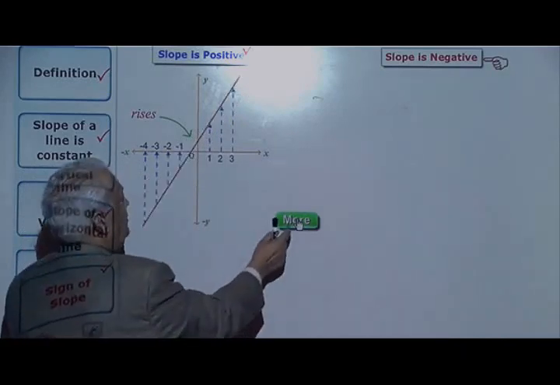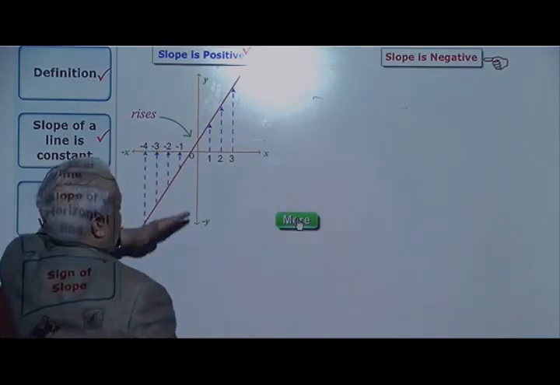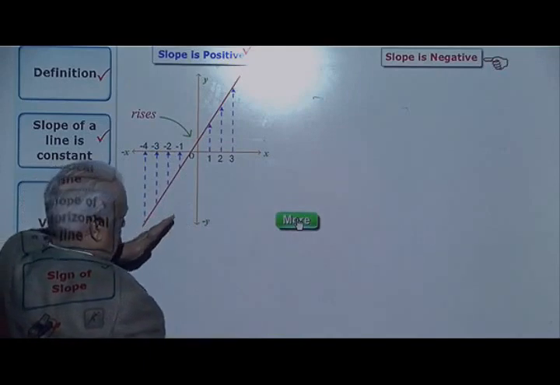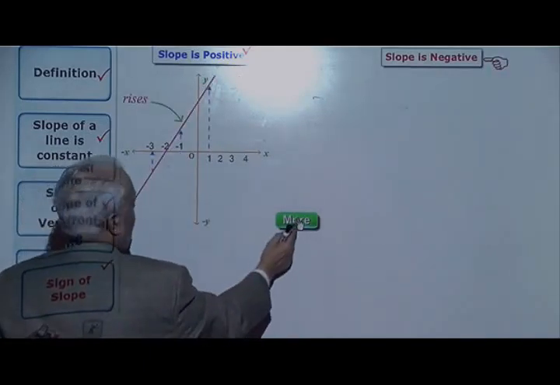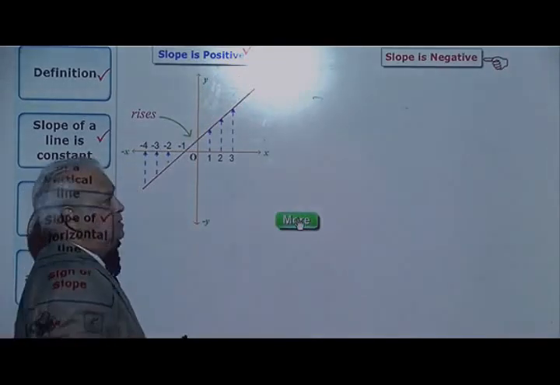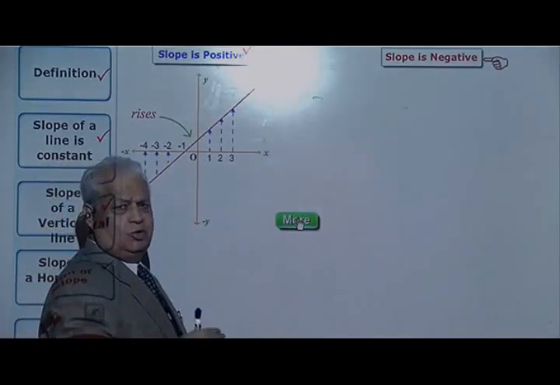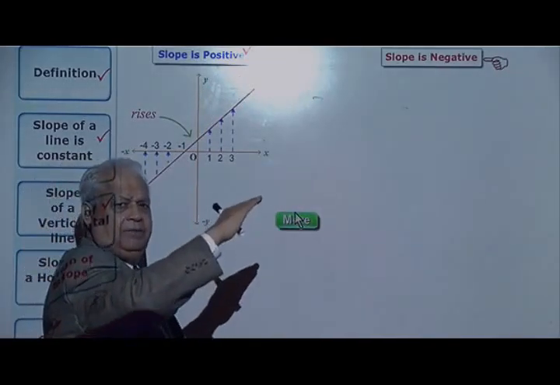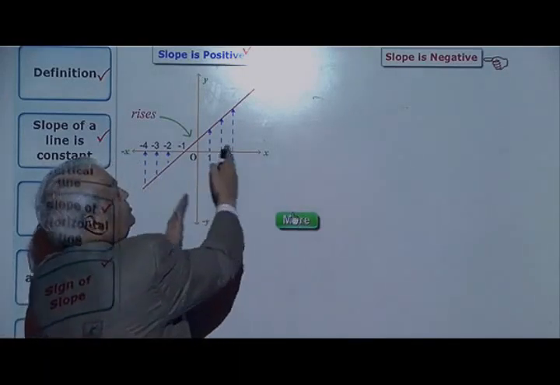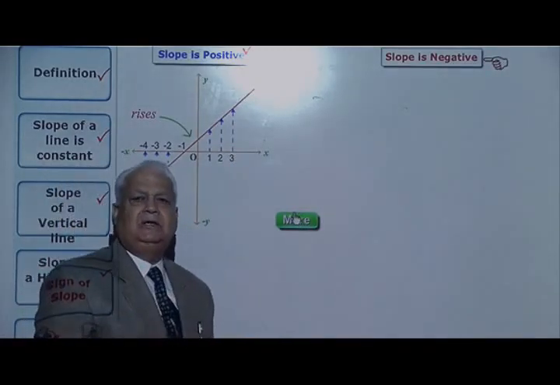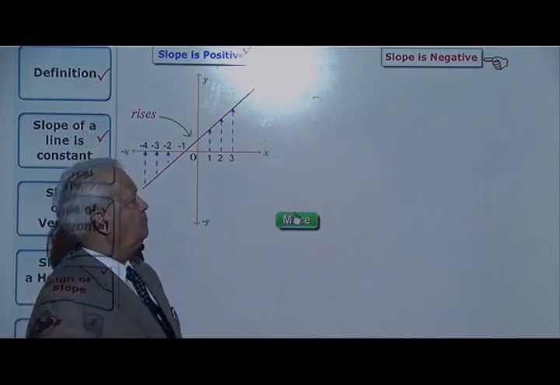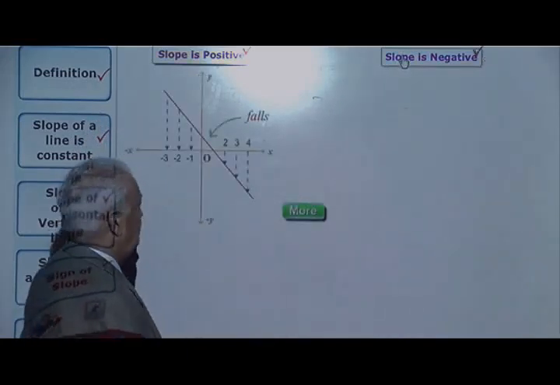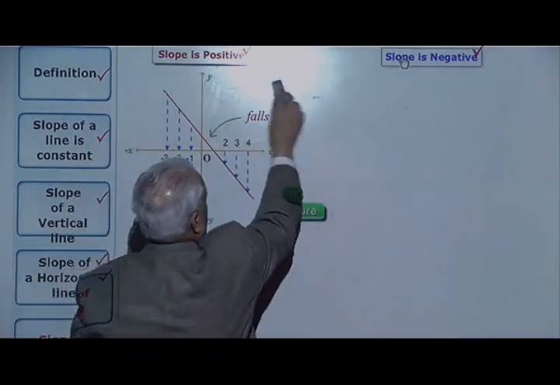For example, more lines, positive, positive, positive. So any line which is going up and up as you move from left towards right, the slope is always positive. It is like going up the mountain.